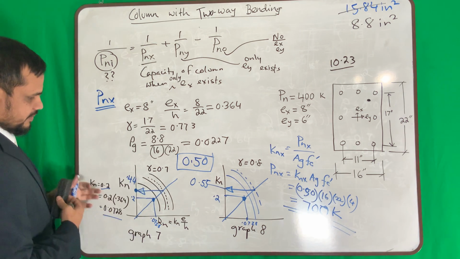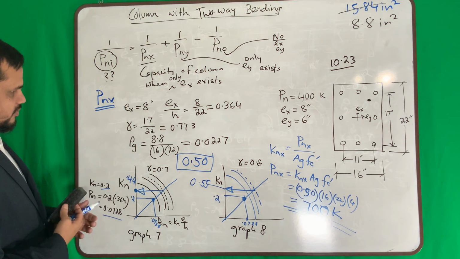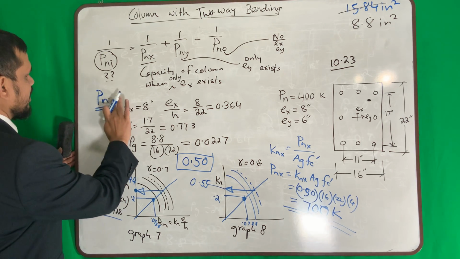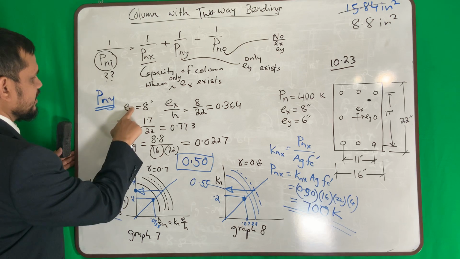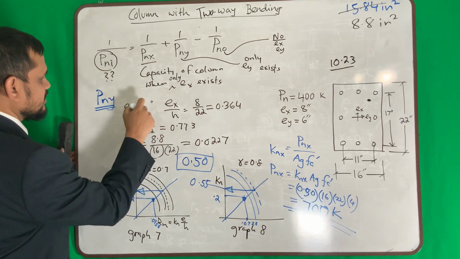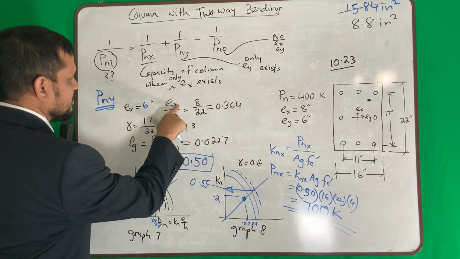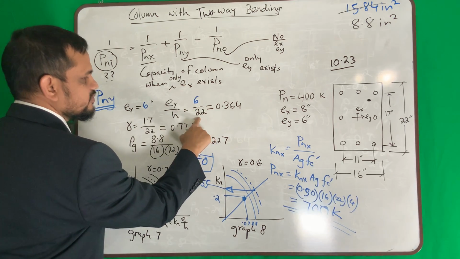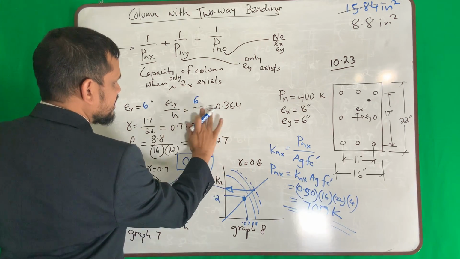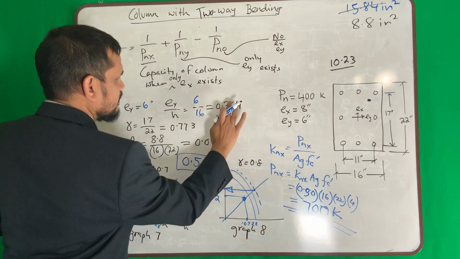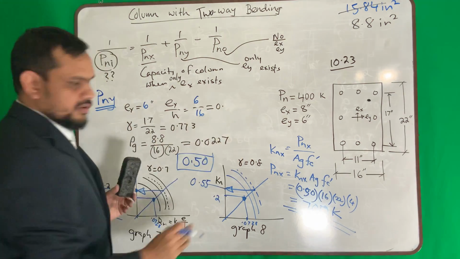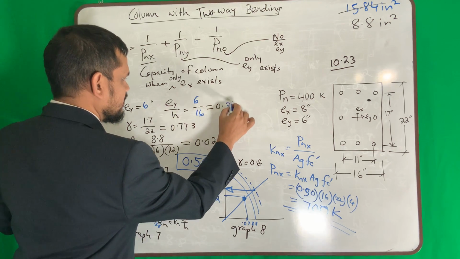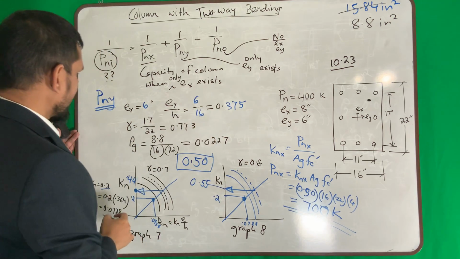Okay, I will delete everything. Do I need to delete everything? No. So for PNY, EY is 6 inch, EY divided by H is 6 over 16. This value will be 0.375.